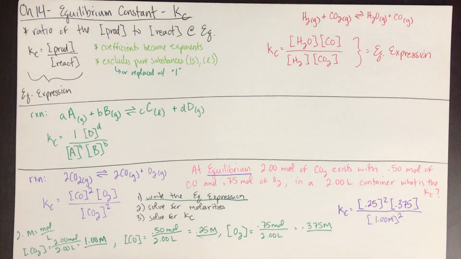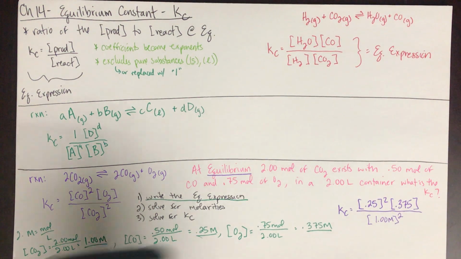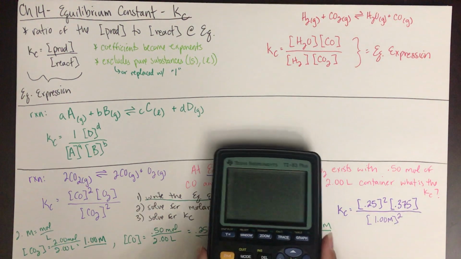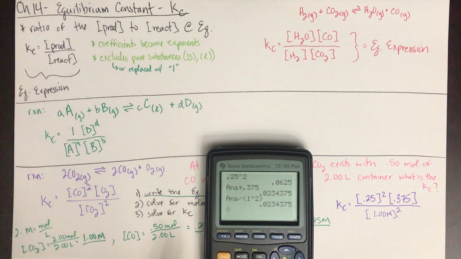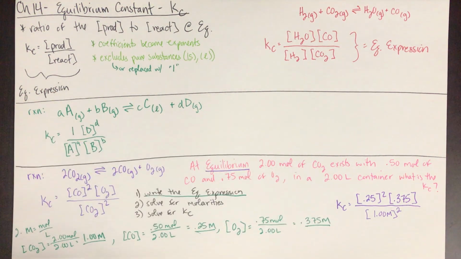So now we're just going to plug this into the calculator. 0.25 squared times 0.375 divided by 1 squared is 0.0234375.